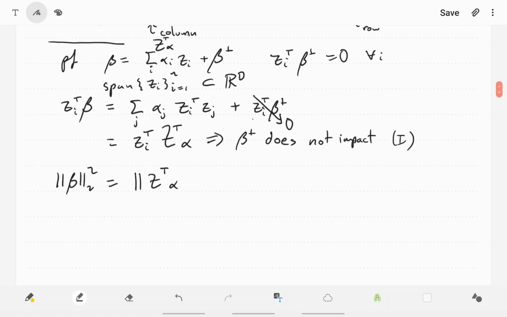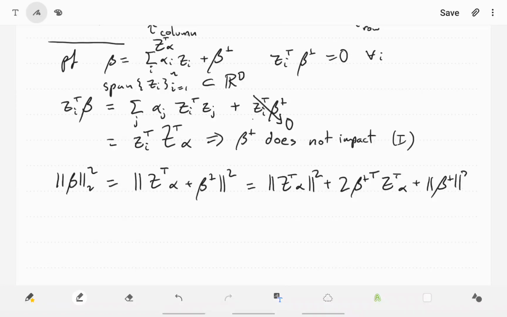And then this plus the beta orthogonal component, squared. But that's just equal, if we expand out this 2 norm, to the 2 norm squared of Z transpose alpha, plus 2 times beta orthogonal transpose Z transpose alpha, plus the 2 norm of beta orthogonal squared.